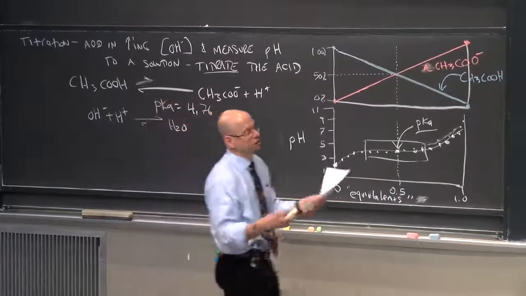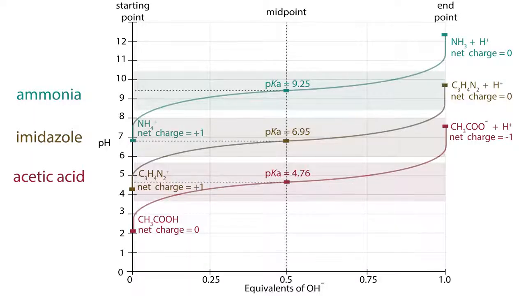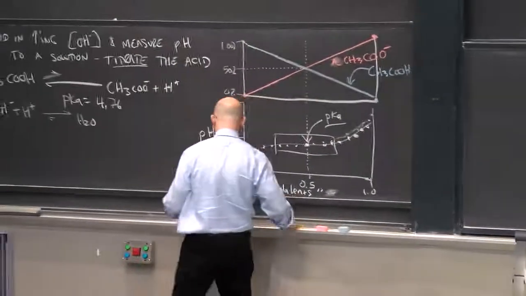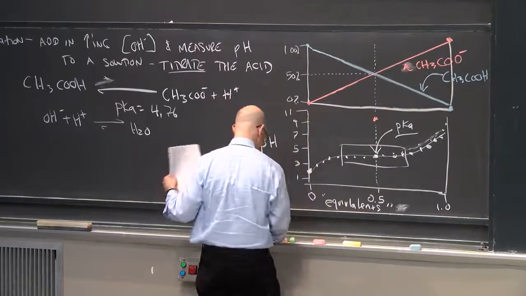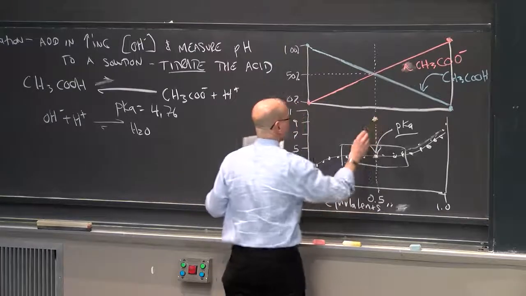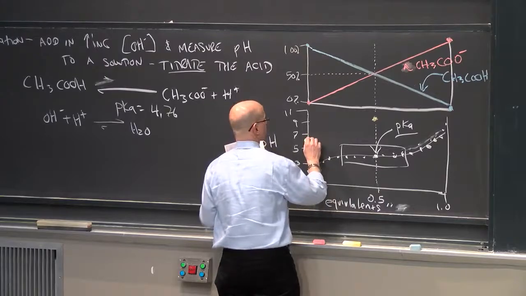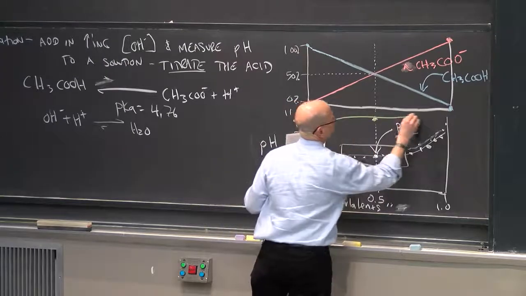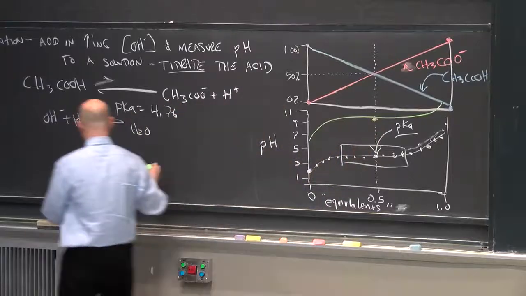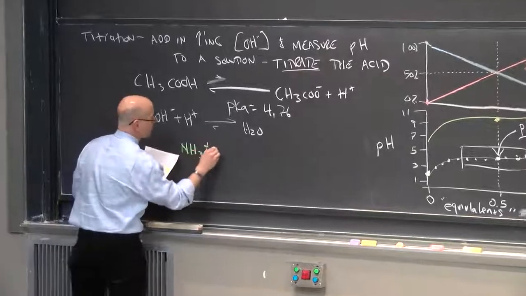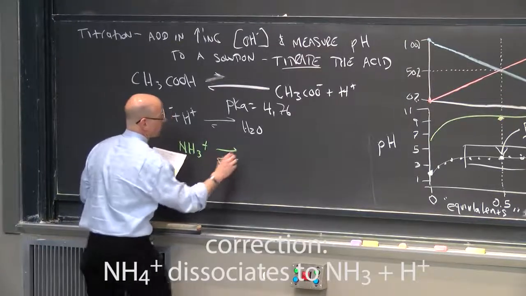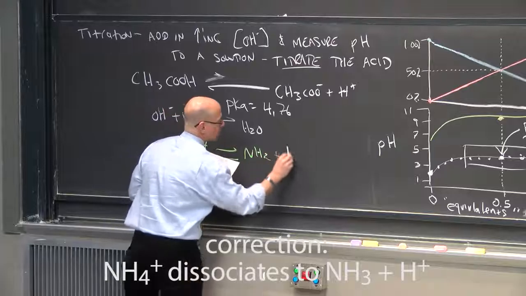I don't have to do it just for acetic acid. You have a handout that shows the other curves I can do this with. I'll draw one more on there. I can do it, for example, with ammonia, NH3+. And if I do this with ammonia, what I get is a curve that looks like this. That green curve there corresponds to the reaction NH3+ dissociates into NH2 plus a proton.